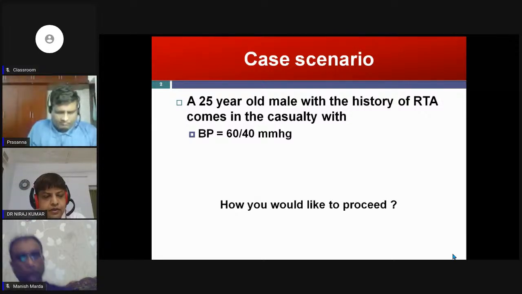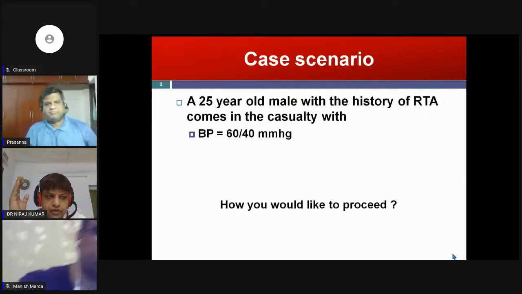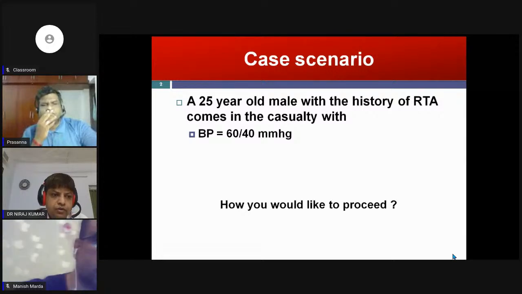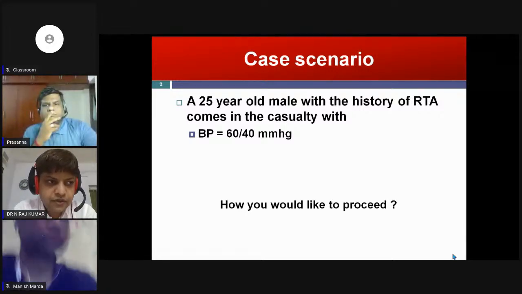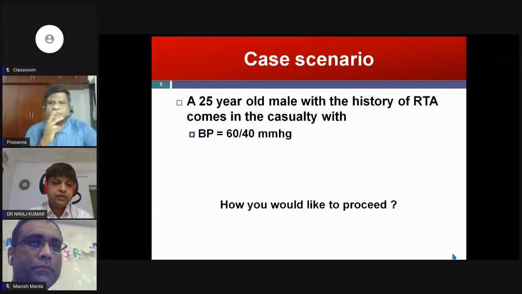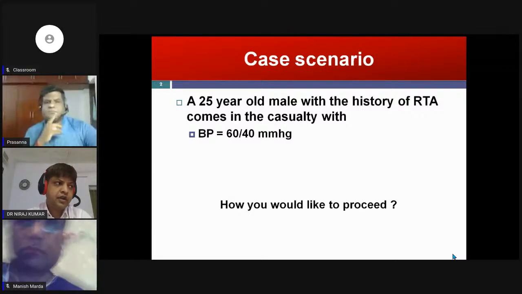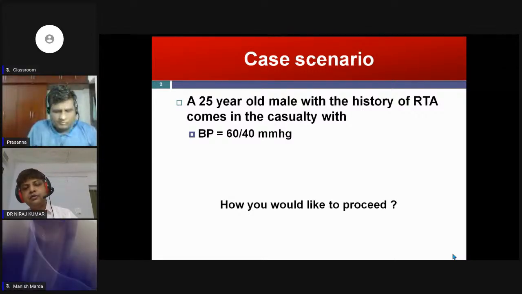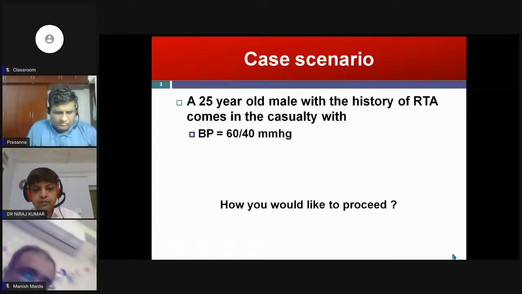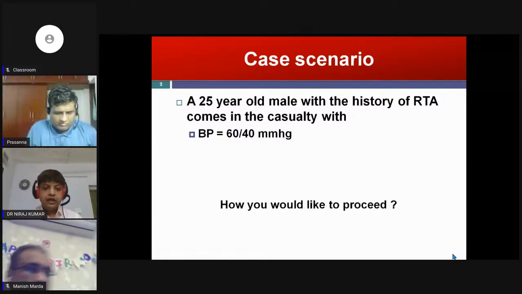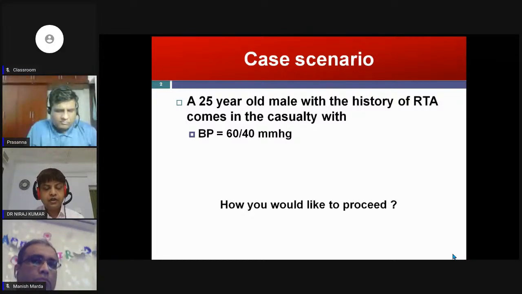The reason is there are different kinds of shock. Although in trauma settings the most common reason for shock is hemorrhagic shock, the patient might be suffering from cardiogenic shock. Patient might be suffering from an obstructive type of shock like pneumothorax or pericardial tamponade. And in that condition, the fluid which we are giving is harmful.